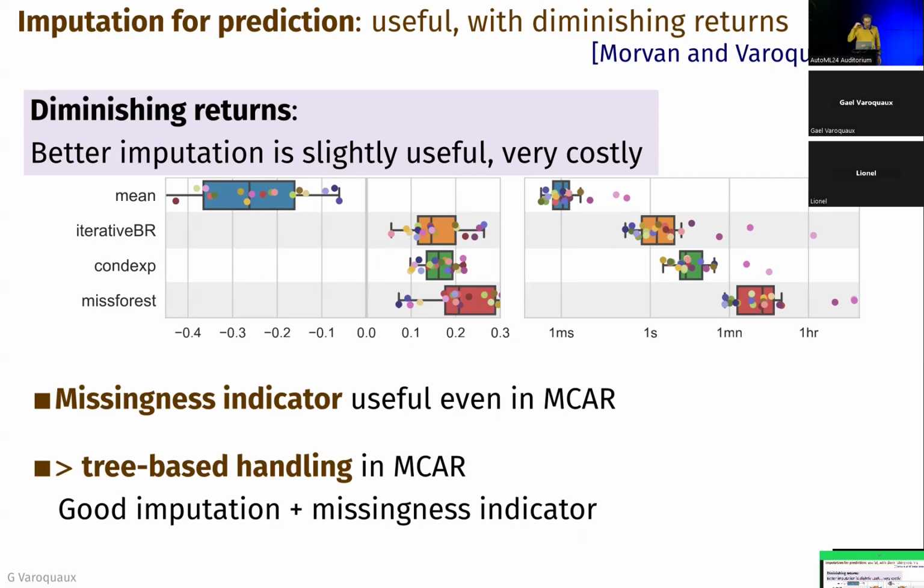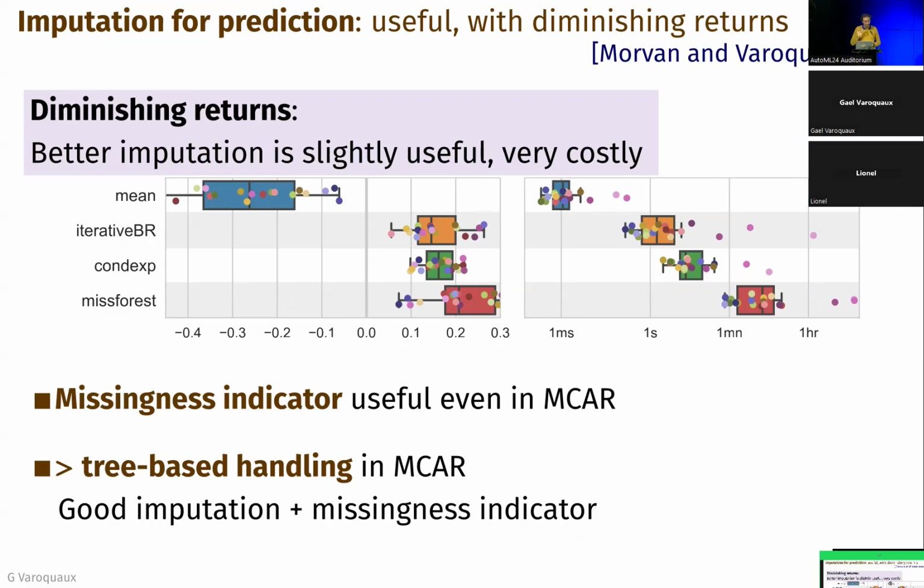So we took the missing completely at random setting, and we did empirical studies to know how important missing values were. And just to summarize the paper very briefly, what we find is that better imputation is useful, but you get really diminishing returns.